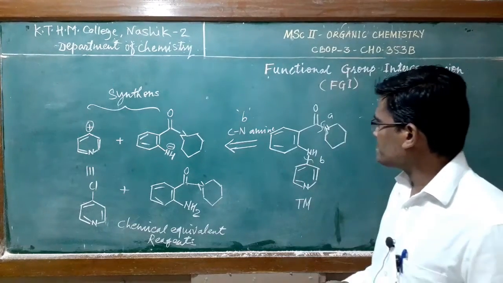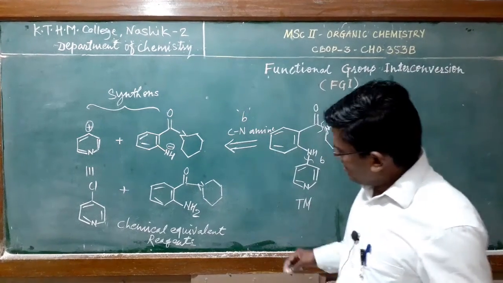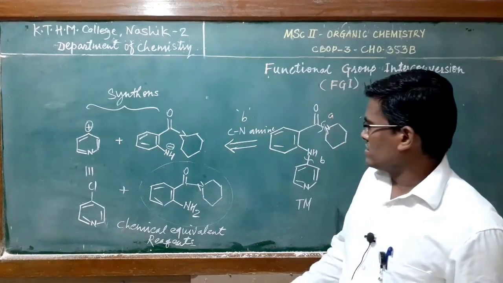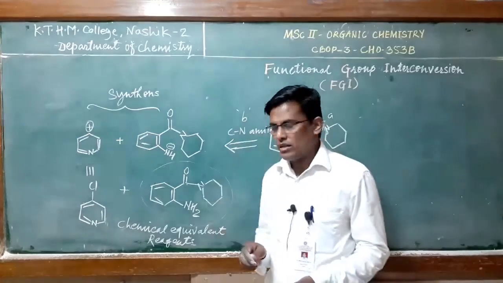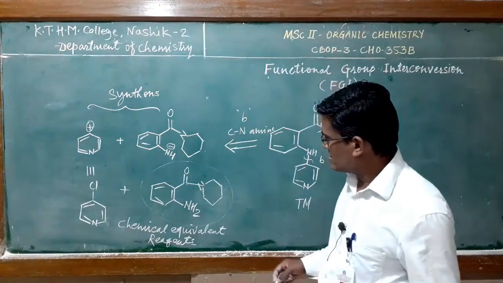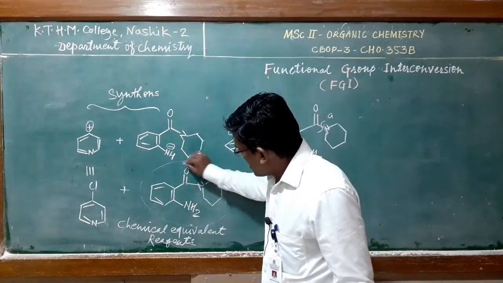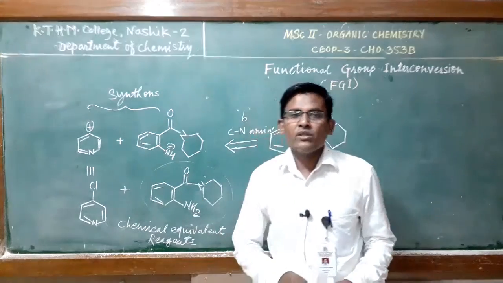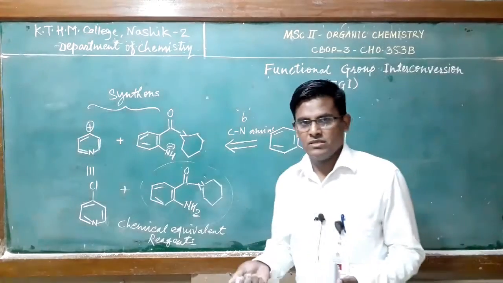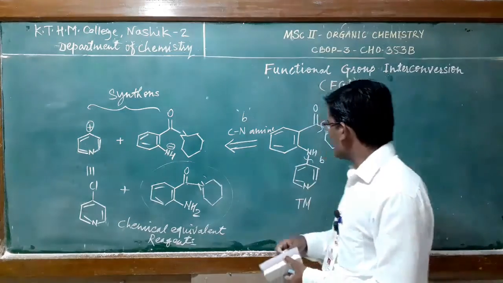All right. So this is now the simpler starting material. When you look at this molecule, you will observe the chemoselectivity problem, because making this amide in the presence of amino functionality is quite difficult. That means it causes a chemoselectivity problem.